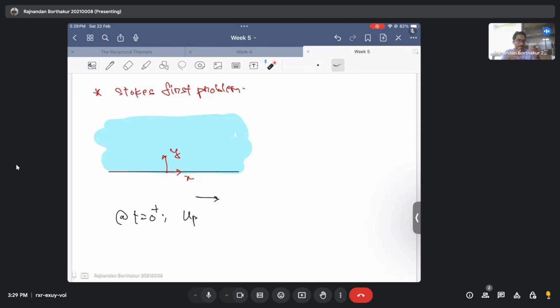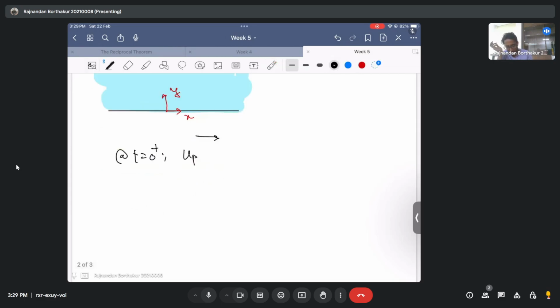This was the form you choose, basically because you didn't have a defined length scale or a defined time scale in your problem. So in the Stokes first problem, you basically used the similarity approach and defined a similarity variable eta.